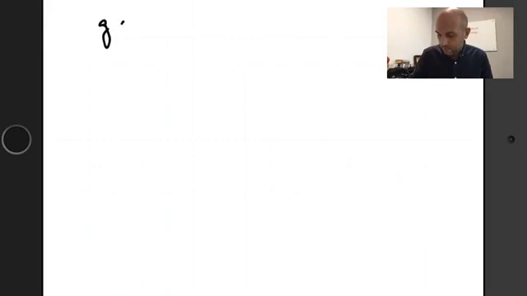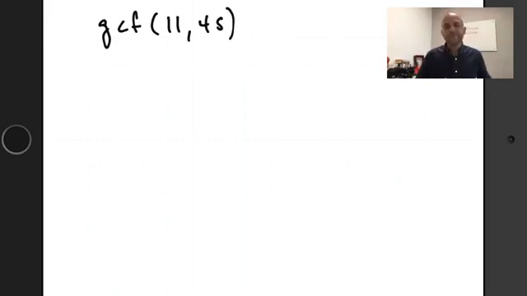Make the numbers a little bit smaller. I'm going to give you a moment to set that up and see if you can find it: the greatest common factor of 11 and 45. And I say the same things over and over again.